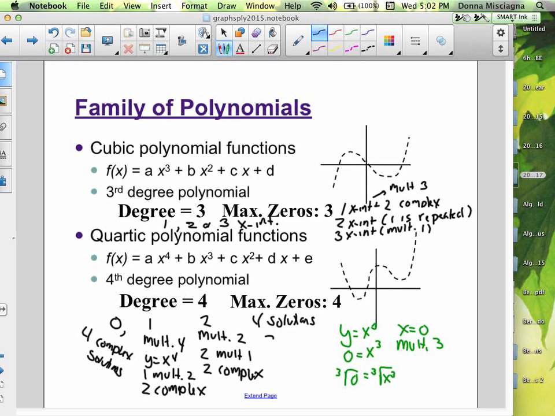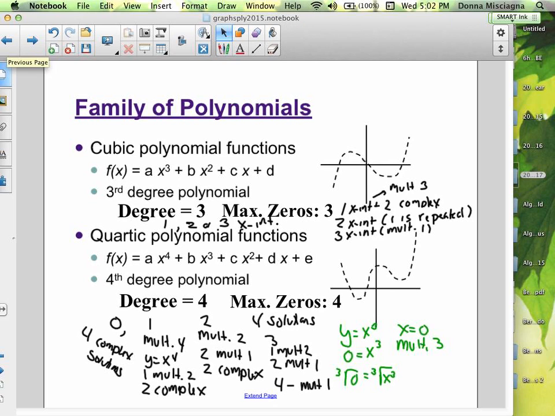So 3, if I have 1 with multiplicity 2 and 2 with multiplicity 1, that would give me 3. Or I could have 4 x-intercepts if they all have multiplicity 1. All right, so there's our different combinations of 1, 2, 3, or 4 x-intercepts. But there's always 4 solutions. Okay? So that's how they could break down.